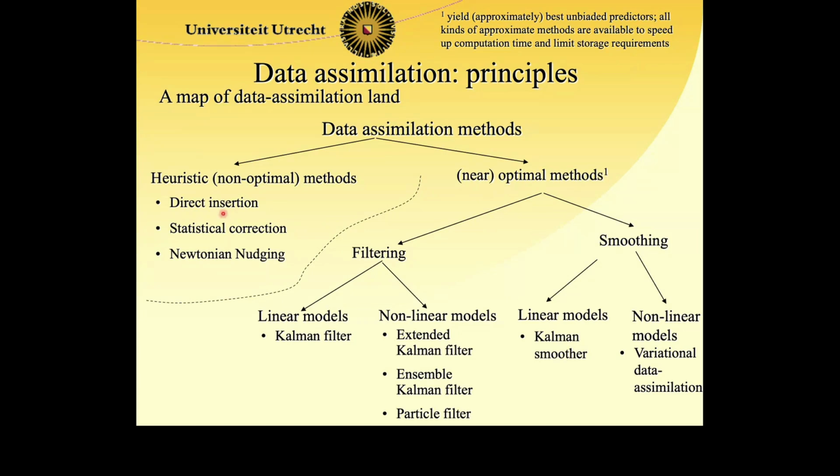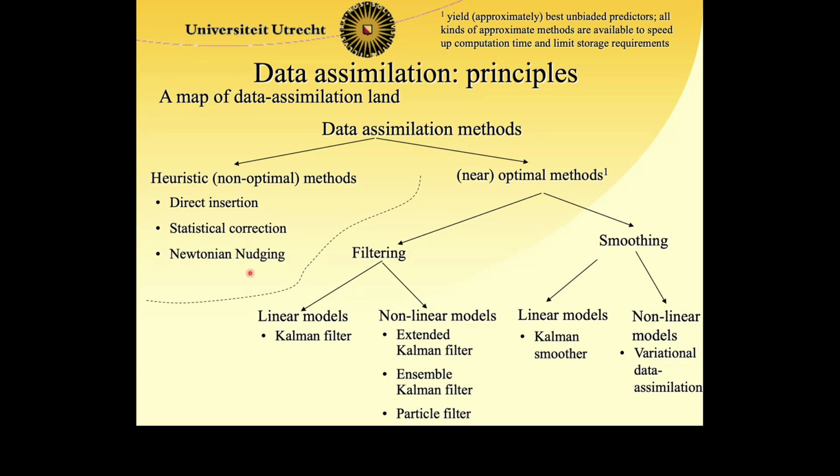They are very simple methods where we either directly insert the observations into the state, or we do a simple correction where, on an element by element basis, we correct the state by a weighted average of the observation and the state, very much like we showed in our simple example of having two types of predictions.